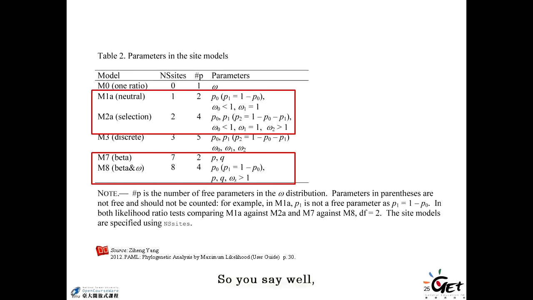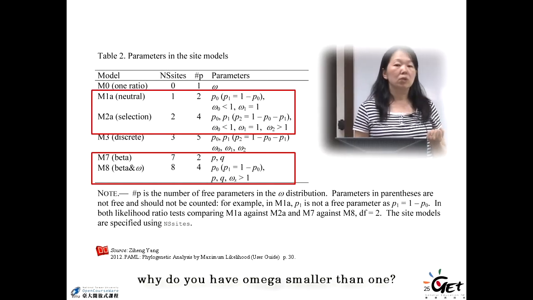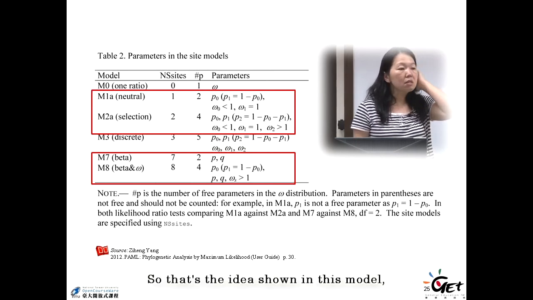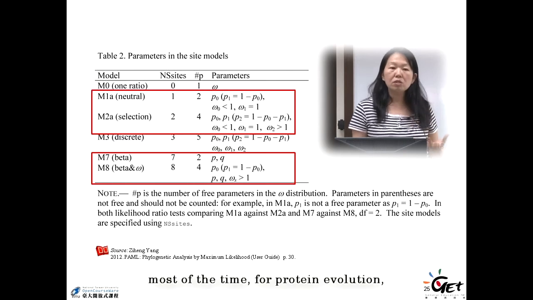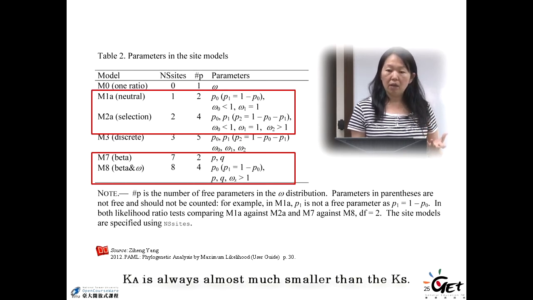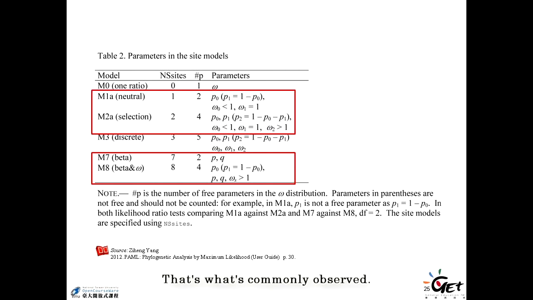So you say, well, if it's neutral, why do you have an omega smaller than 1? So that's the idea showing in this model: most of the time for protein evolution, the Ka is almost always much smaller than the Ks. That's what's commonly observed. So this is what's showing in this neutral model here.